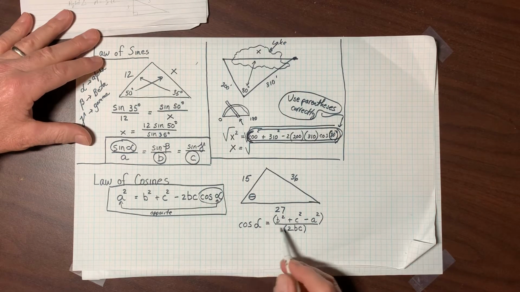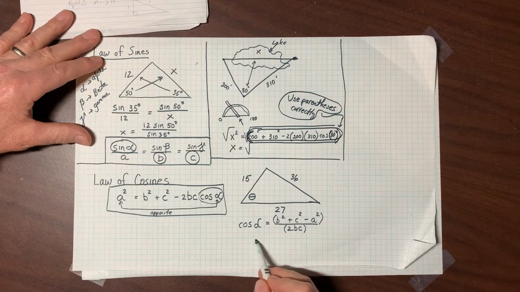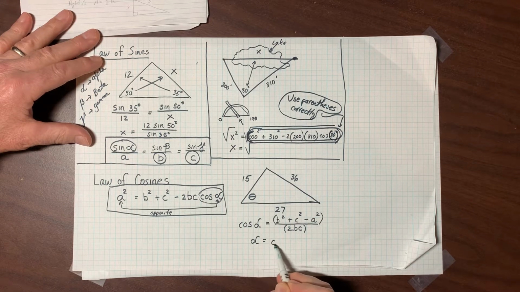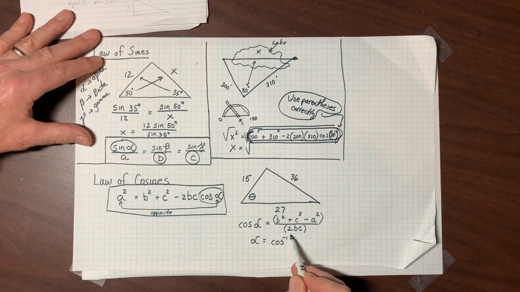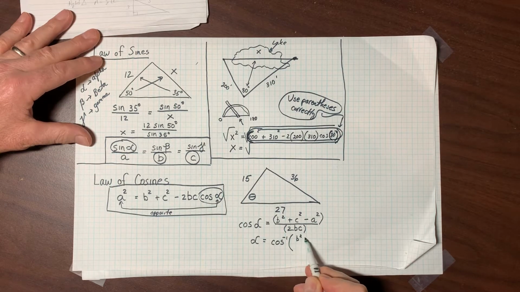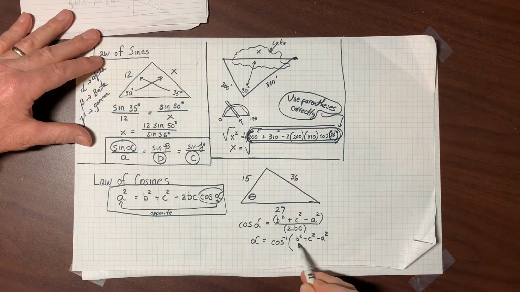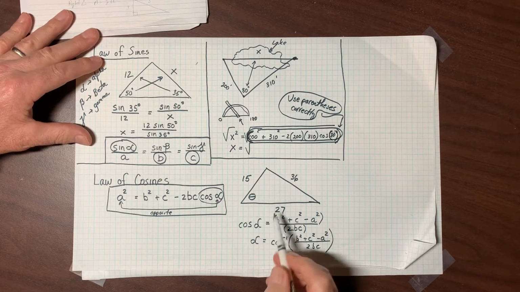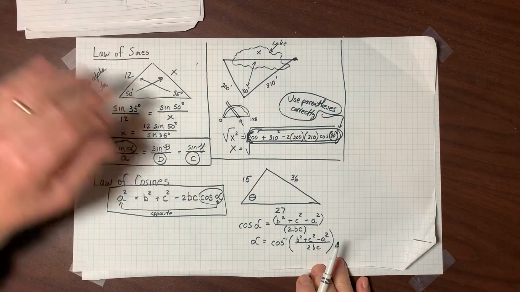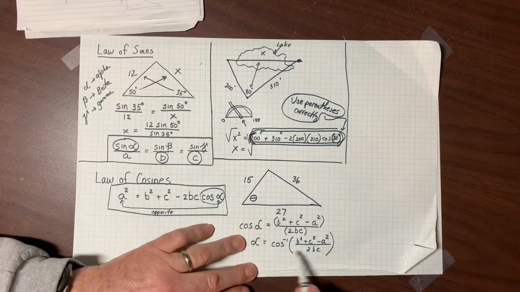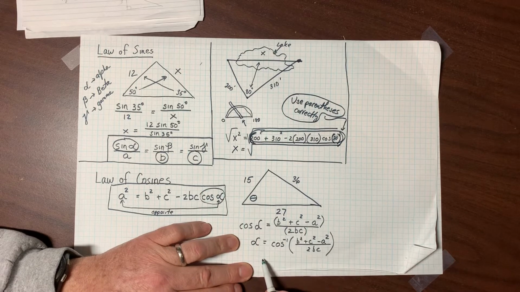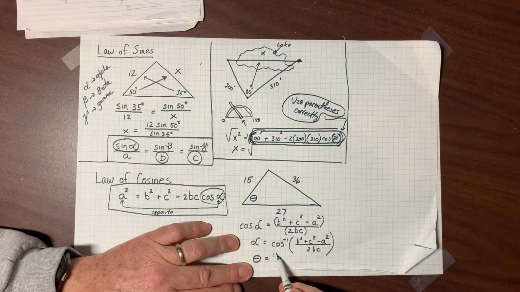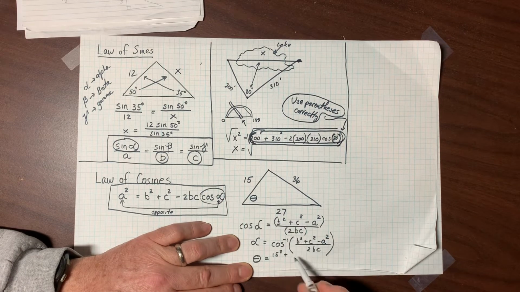So let's plug in. By the way, alpha then is going to equal the inverse cosine of this entire expression: B squared plus C squared minus A squared all over 2 times B times C. If I take these numbers and plug them into this expression, theta, instead of alpha, is equal to 15 squared plus 27 squared minus 36.